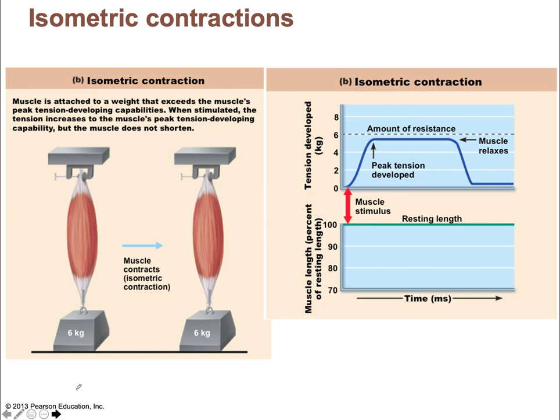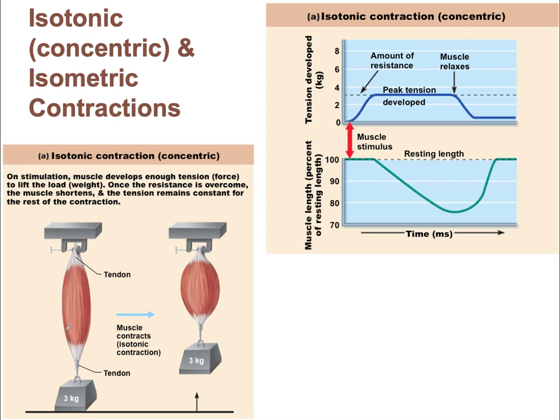Now, the other type of contraction, if we go back one, is called an eccentric contraction. In an eccentric contraction, the muscle actually gets longer, because the load is producing a greater force than the muscle can produce. But the muscle is still trying to generate tension.